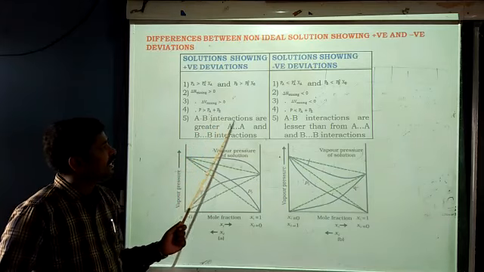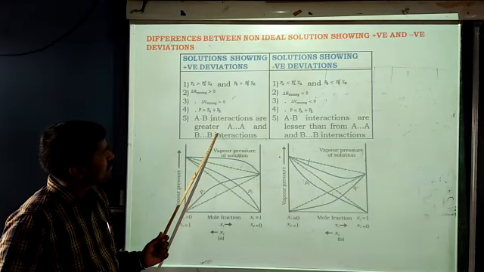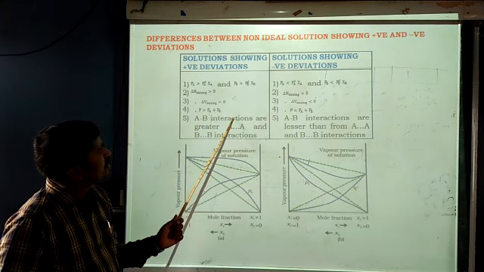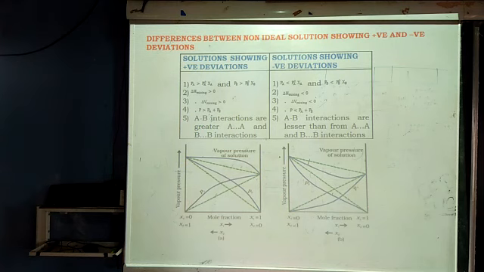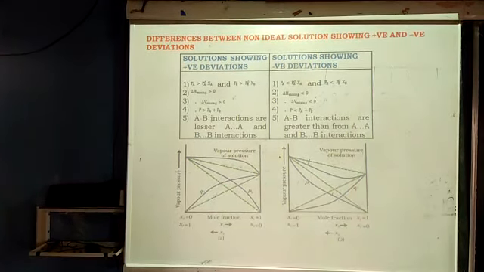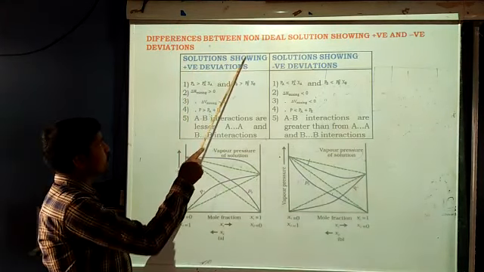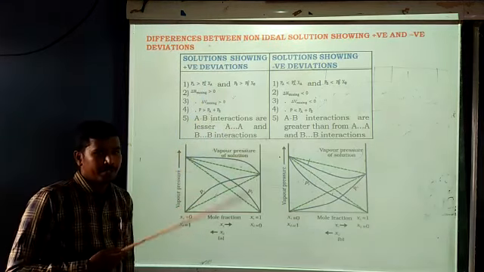Here, for negative deviation, AB interactions are greater. In case of this non-ideal solution showing positive deviation, AB interactions are lesser actually.